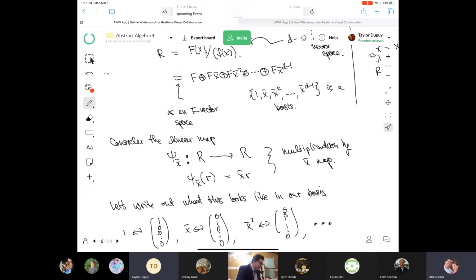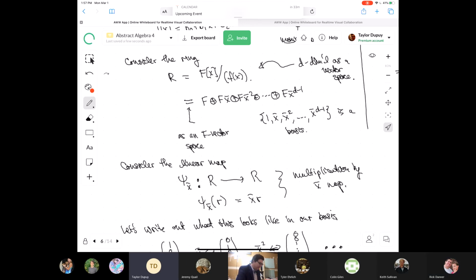Okay. So all I'm saying is that, like, the map T, right? The theorem says that V breaks up into a direct sum of certain subspaces, and those subspaces look like these quotient rings here.